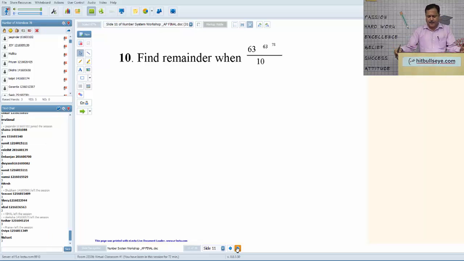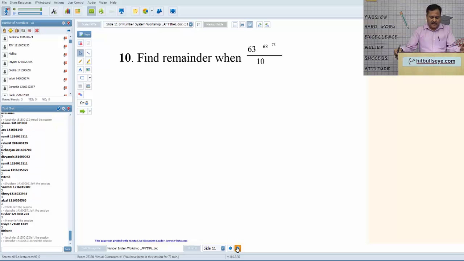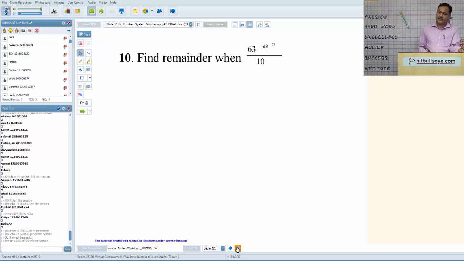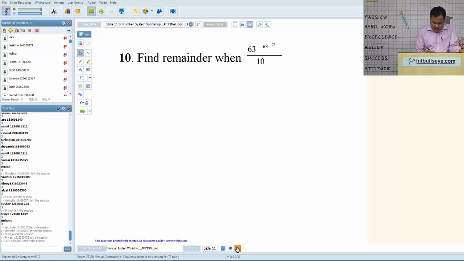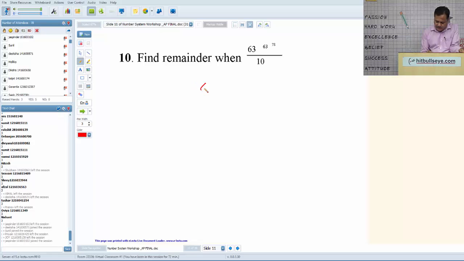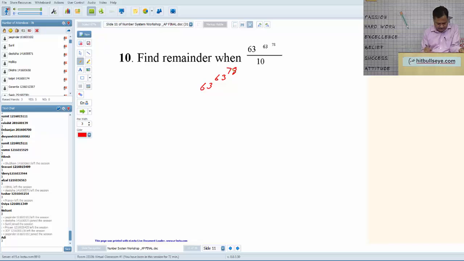So in this case, we are dividing the number by 10 and we want to find the remainder, so we only check the last digit of this number, because when it is divided by 10, the remainder is always the last digit. So let us check the last digit of 63 raised to power 63 raised to power 78.